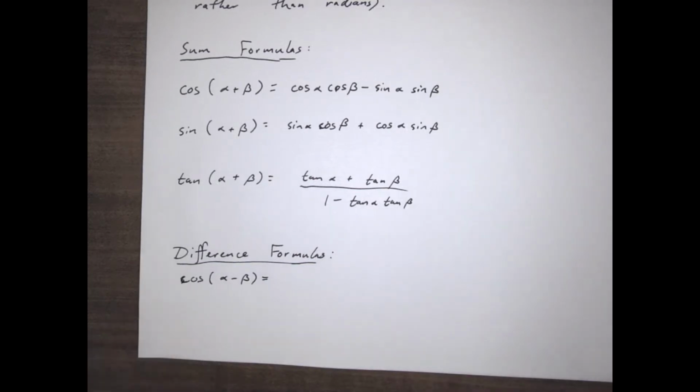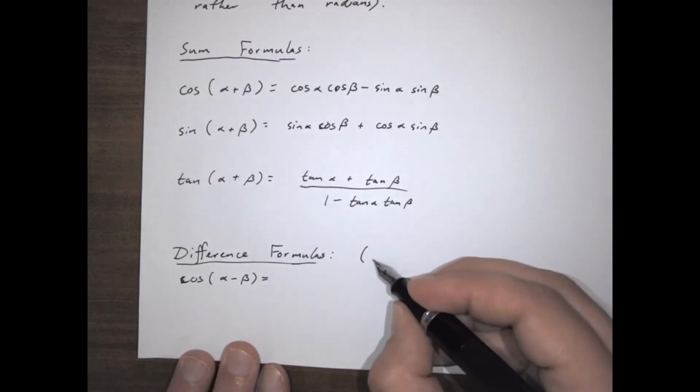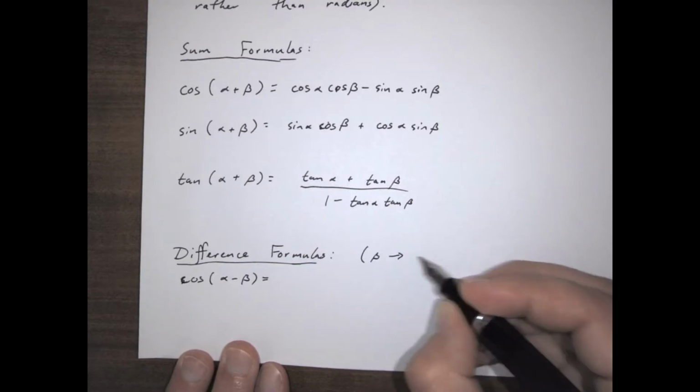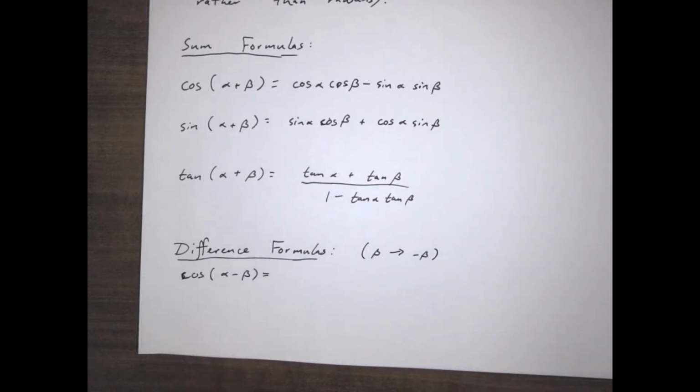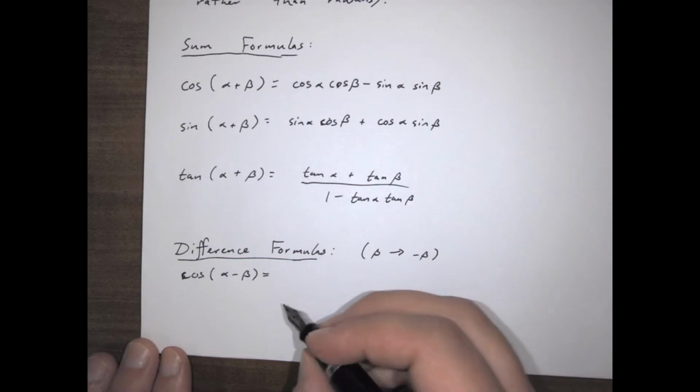Essentially, the way this relates to the sum formula is, just think about what would happen if beta was switched to negative beta. Well, each of the functions here is either even or odd, and so what that means is the negative either disappears or can be pulled out to the front of the term.